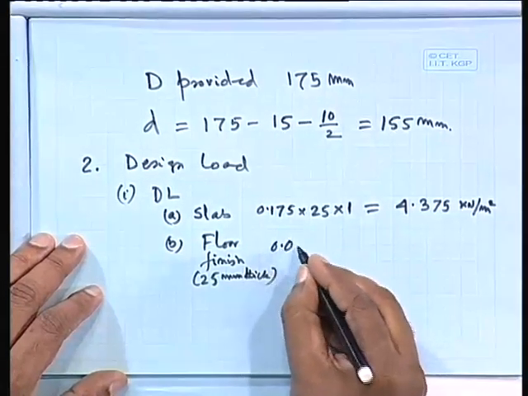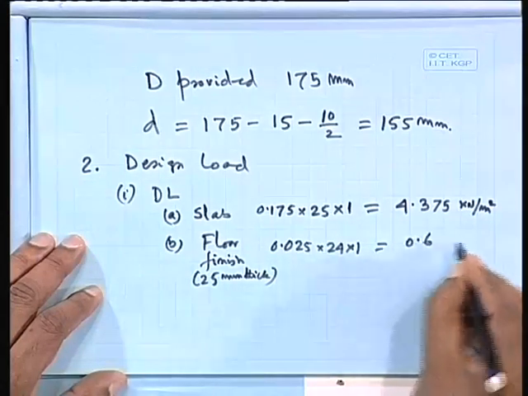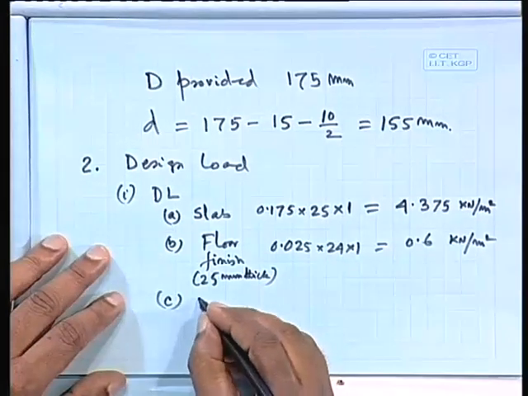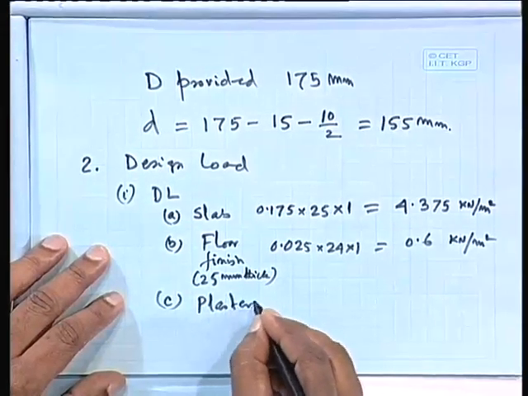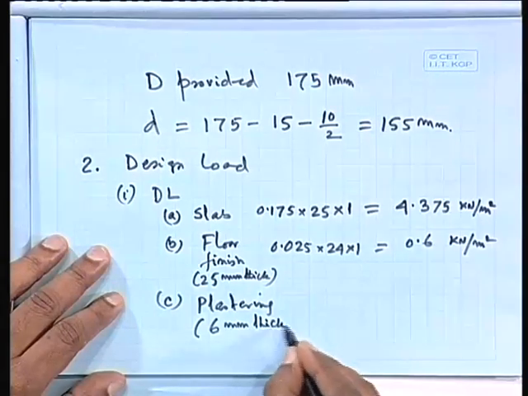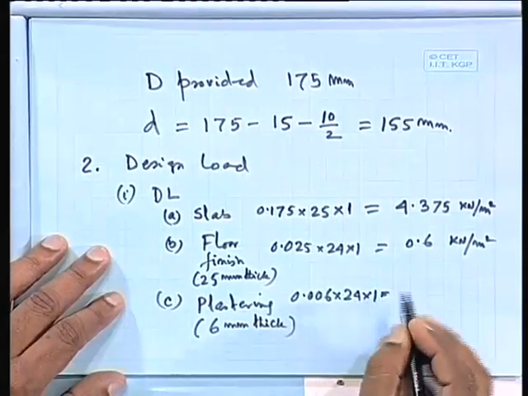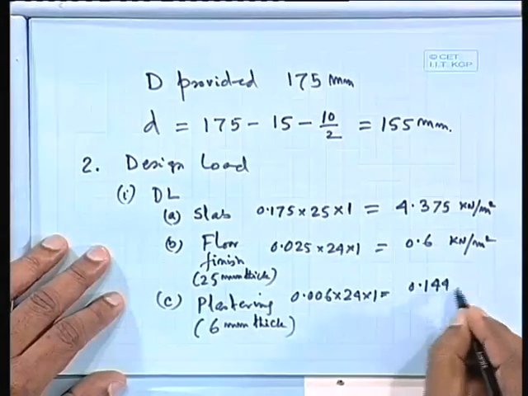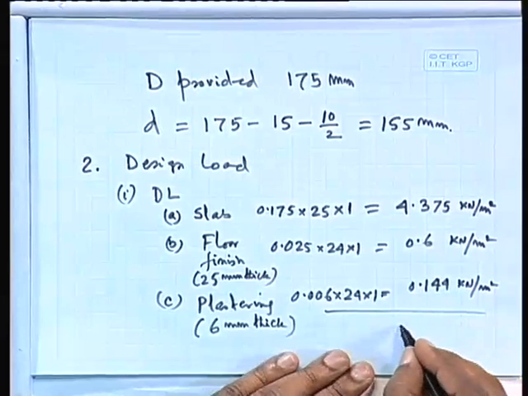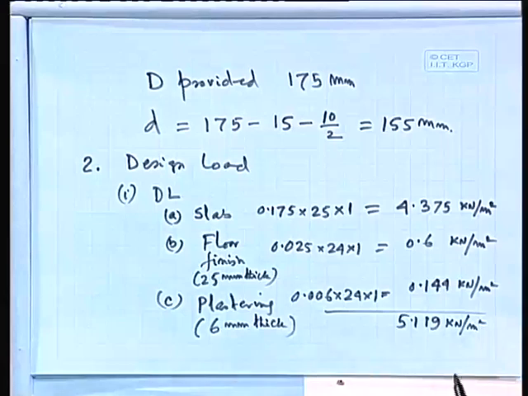So I am taking 0.025 into 24 into 1, which comes as 0.6. Number plaster, let us take 6 mm thick, which comes as 0.006 times 24 times 1 equal to 0.144 kilonewton per square meter, which comes as 5.119 kilonewton per square meter.